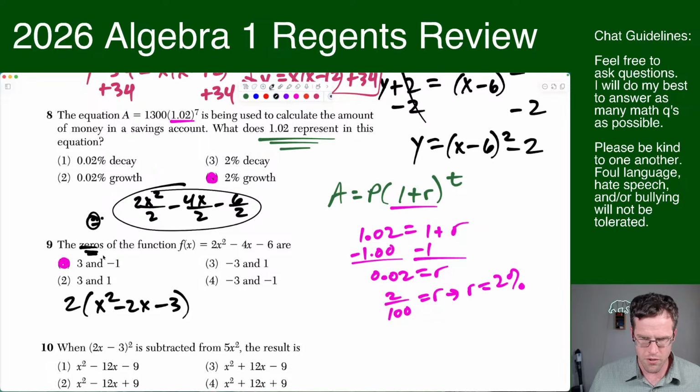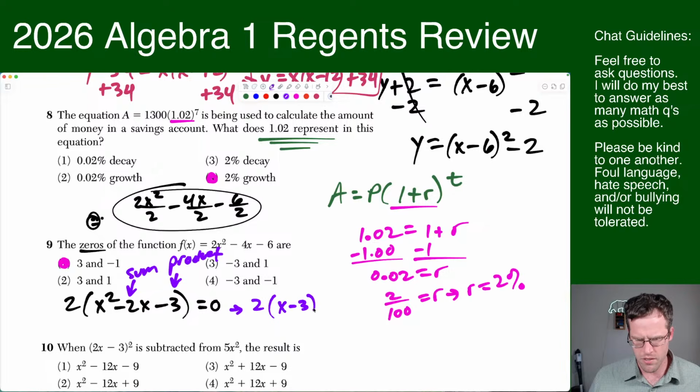We want to find the zeros, so we set all of this equal to 0. Now we factor. We need two numbers that have a sum of -2 and a product of -3. This gives us 2 times (x minus 3) times (x plus 1). These are the factors because -3 plus 1 is -2, and the product of those two is -3. So that's why that works.